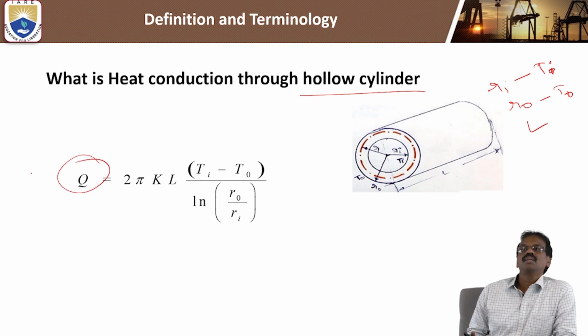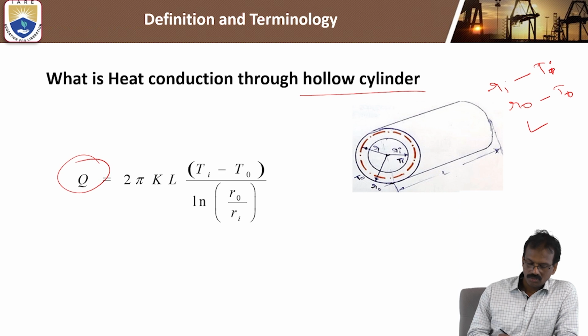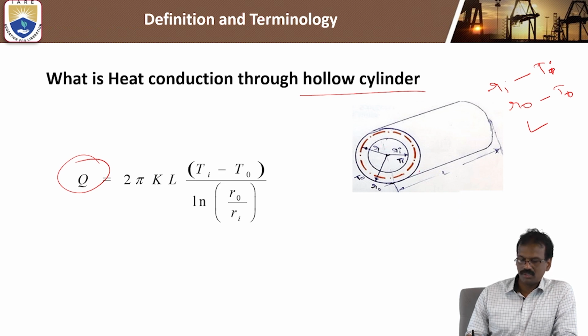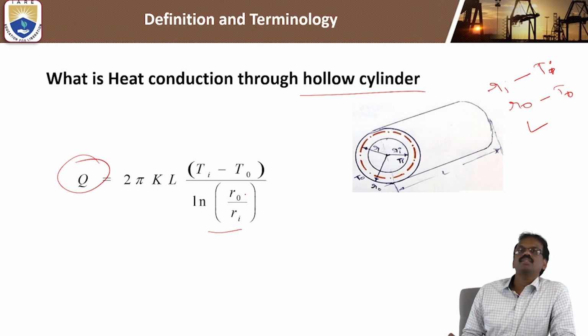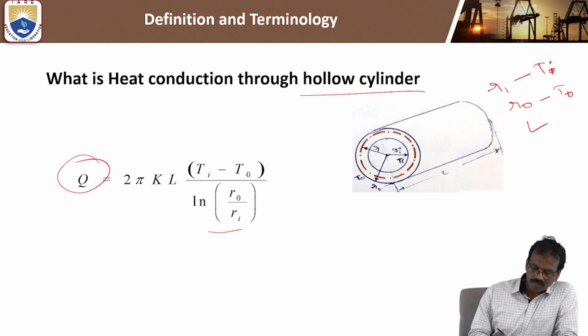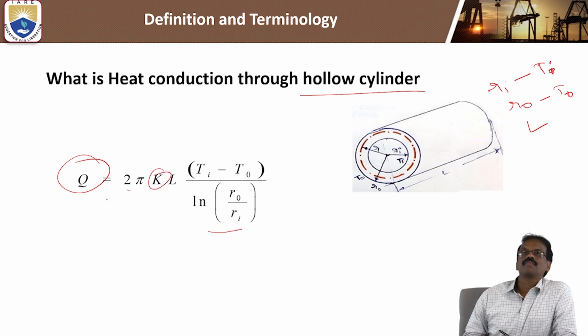This is the rate of heat transfer in hollow cylinders. It is 2 pi KL into temperature Ti minus T naught by Ln R naught by Ri. Ti is the inner temperature, the high temperature, and the outer temperature is the low temperature. Heat transfer takes place from inner to outer. 2 pi is a constant, K is the thermal conductivity, and L is the length of this piece.